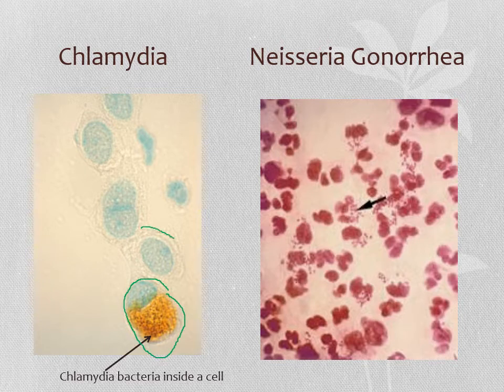So that's a cell, this is a cell, right? And in this view, this is a much lower magnification. So this is a cell, and you can see these little red things inside. That's the gonorrhea. So the full name for chlamydia is Chlamydia trachomatis, and the full name for gonorrhea is Neisseria gonorrhoeae, just so you know that, but I'll just be calling them chlamydia and gonorrhea.